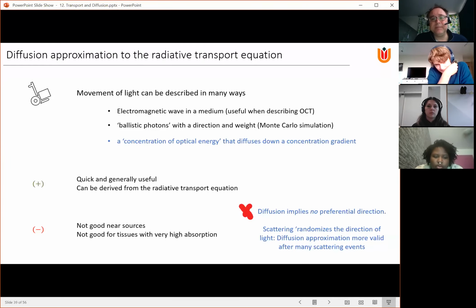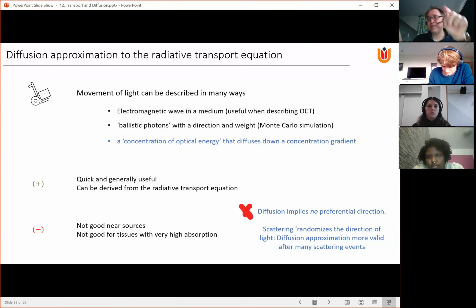Also, this no preferred direction of the movement you can associate with what the scattering event does. A scattering event changes the direction of photons. So let's say you shine in a laser beam in which the photons at first all have the same direction. That would be in contradiction with this diffusion approximation.